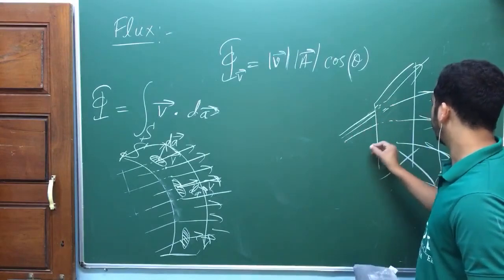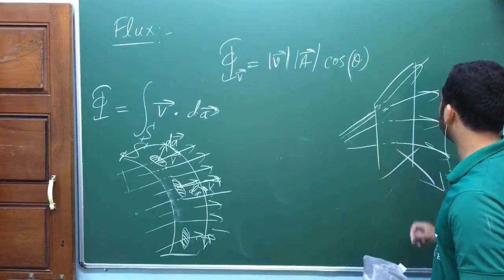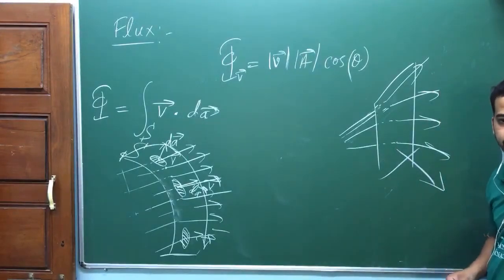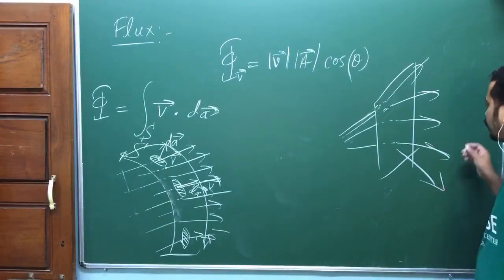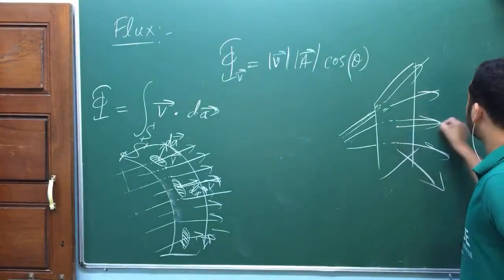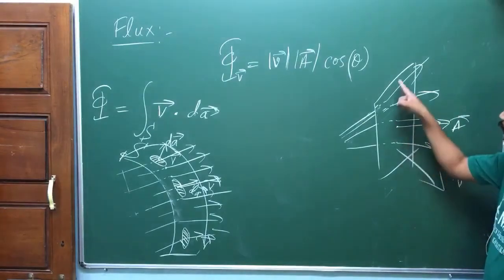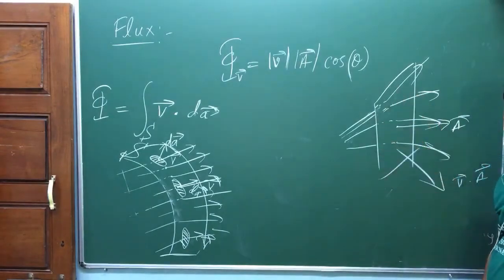Suppose the vector field is non-uniform. Then also you end up with trouble, am I right? You can't take one dot product. You can consider its area vector, but you can't take one dot product, because the field takes a different direction at different points.